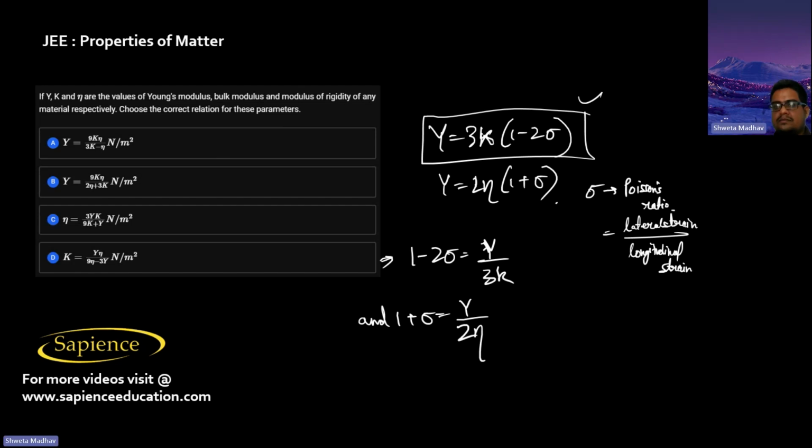Now from here we can see that 2 sigma is equal to 1 minus y by 3k, and sigma is equal to y by 2 eta minus 1.